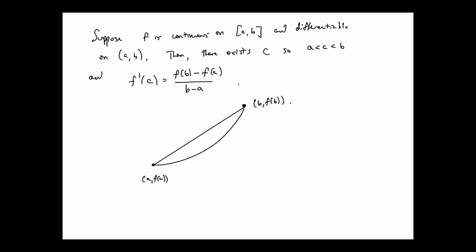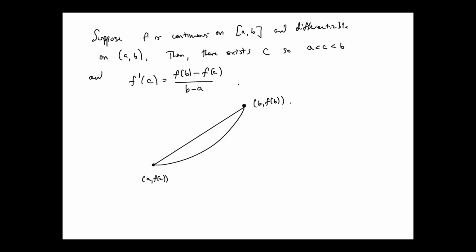I would like to know what the slope of that line is, please. Exactly. What is the slope of a line? It's rise over run. Well, what's the rise? f of b minus f of a. And what's the run? b minus a.